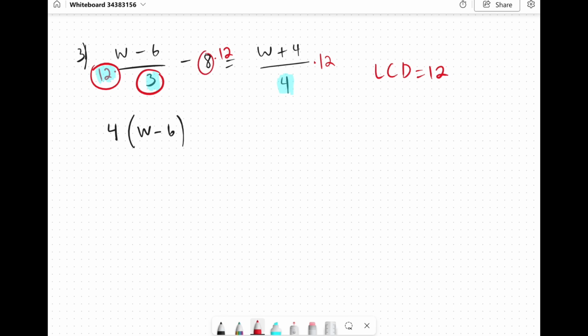Now the 8 times the 12, let's see, 8 times 10 is 80, 8 times 2 is 16, so that's 96 minus 96 equals, so 96 is just 8 times the 12. Finally, I'm going to divide this 12 by this 4 to get a 3.